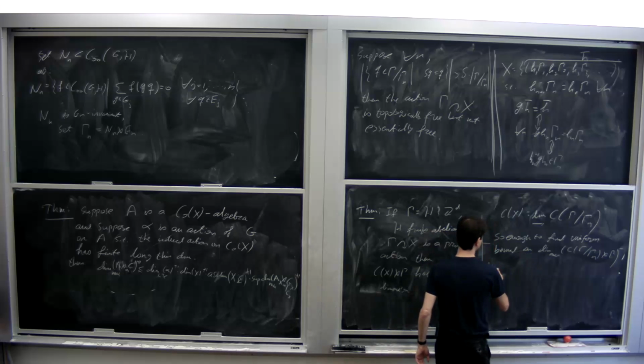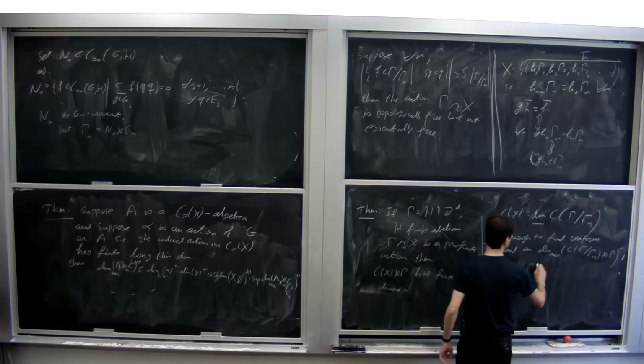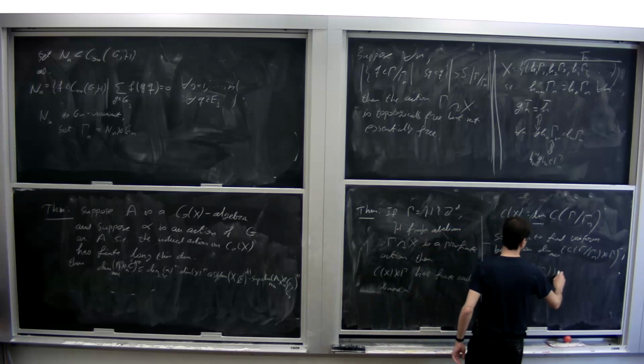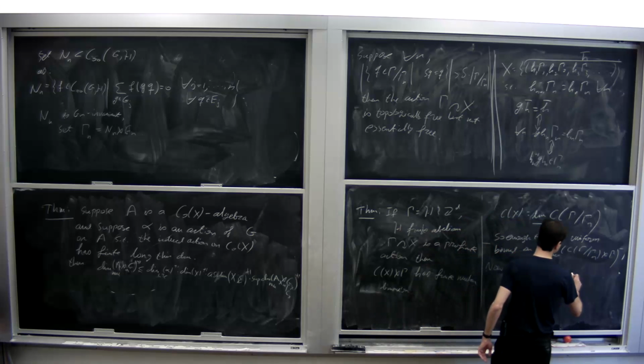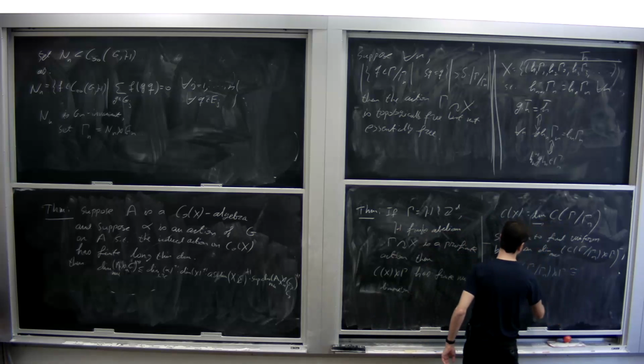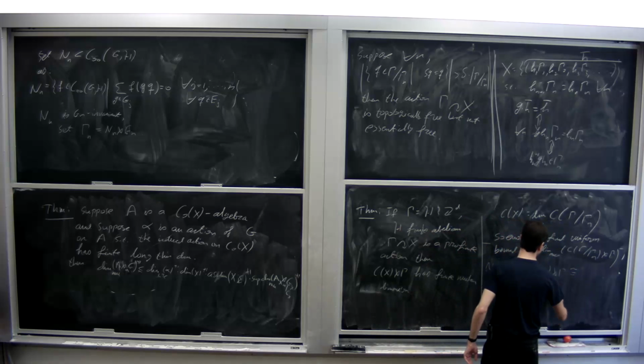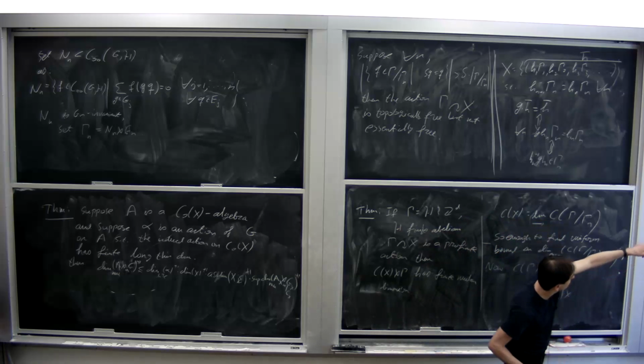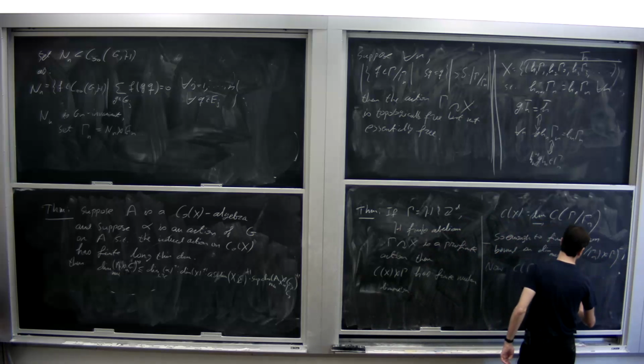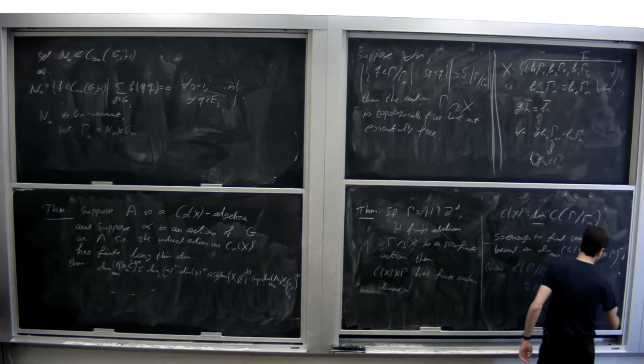C(gamma mod gamma_n) cross product gamma we can write as a semi-direct product. So here we'd have C_00 of Z to the d with values in H, and Z to the d acts on this.